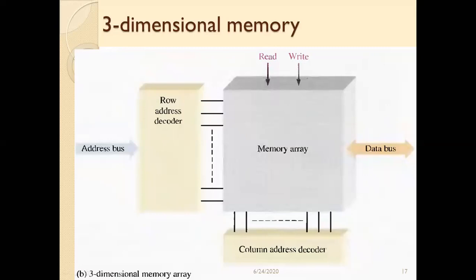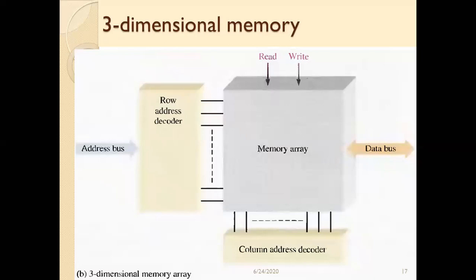On that location, if you want to save some data, you will put your data on the bus and this data will come to that location. But how will the memory know whether I am going for the read cycle or the write cycle? You will tell the memory with the help of the read line or the write line, which are part of the control bus.